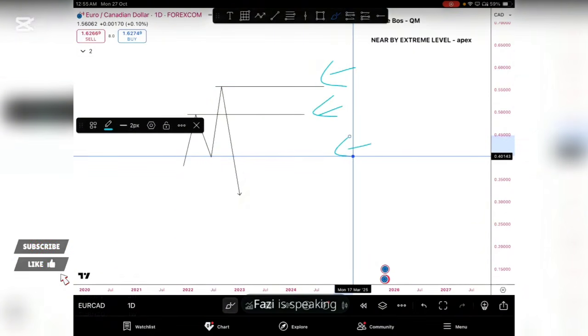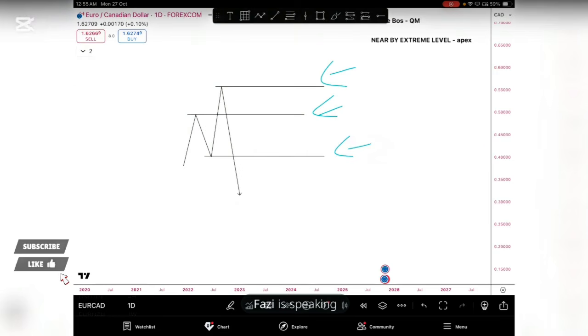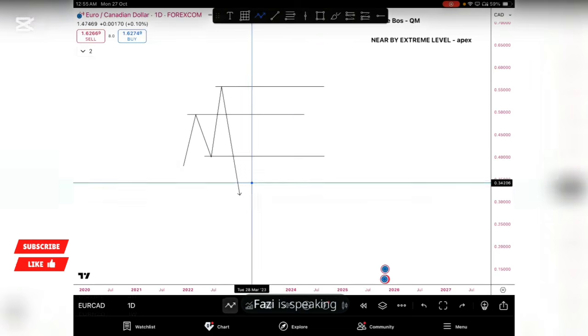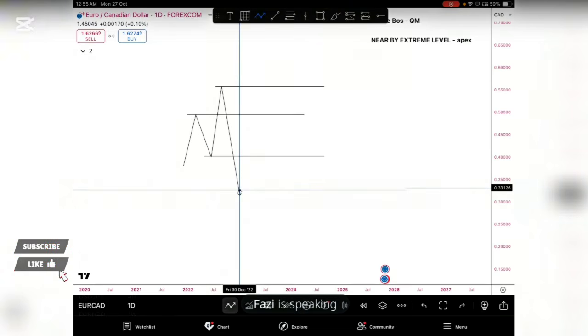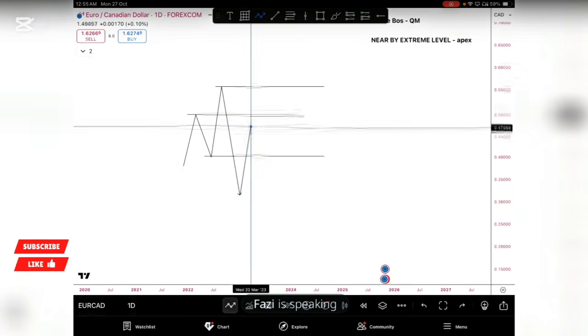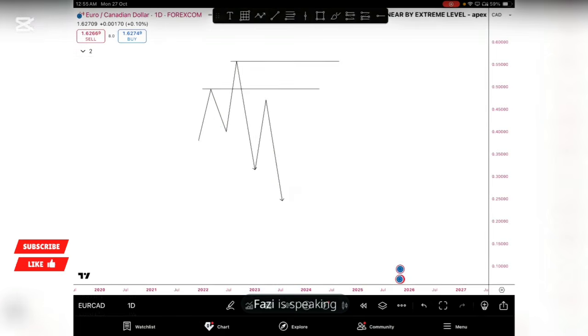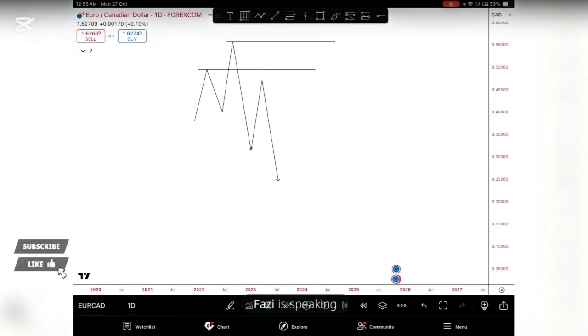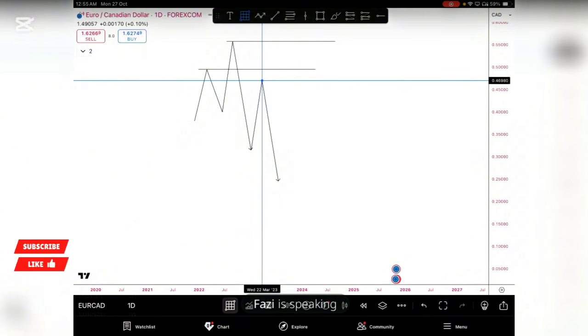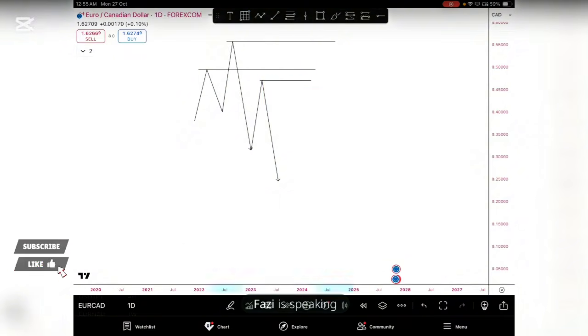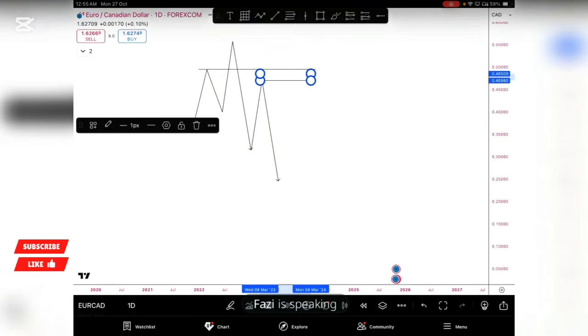Understand? For example, the price formed liquidity above the breakout structure, and it gave you a breakout. So what you do, when the liquidity has been formed above the breakout structure, as I told you, is look for our entries on the QM level.